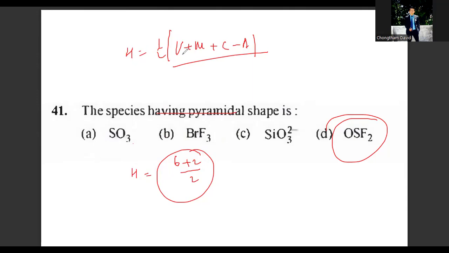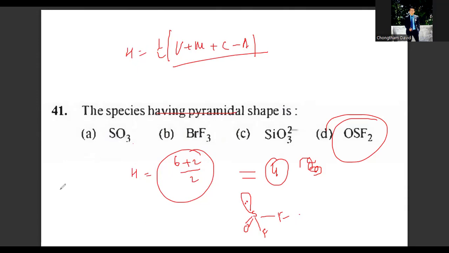Valence is 6 plus 2 plus 0 plus 0, divided by 2, so 8 by 2 would be 4. Since it is 4, you have one lone pair, sulfur double bond F. So it is trigonal pyramidal. The shapes of sulfur trioxide, BrF3 and SiO3 2 minus will be trigonal planar in structure.